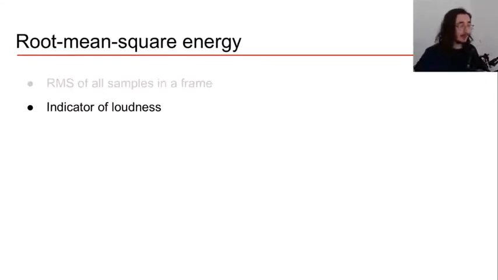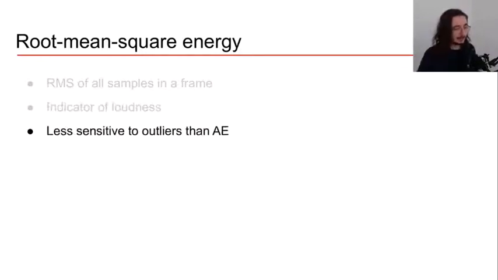Now, once again, the root mean square energy is an indicator of loudness, because energy is strictly related to loudness. And the great thing about root mean square energy, and one of the reasons why it is overwhelmingly used, at least in traditional audio digital signal processing, is that it is less sensitive to outliers than the amplitude envelope.